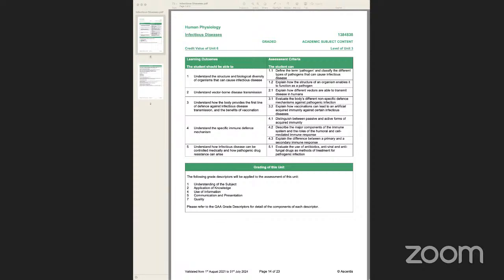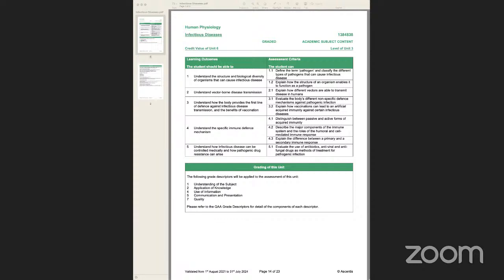Then we will look at understanding the major forms or components of the immune system, how the immune system plays a role in our immunity, and the differences between primary and secondary immune responses that the immune system produces.